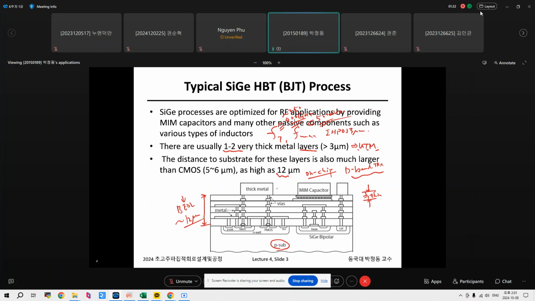We typically keep this less than 5 to 6 micrometer for CMOS, which means if you implement an on-chip antenna in CMOS process, the performance, especially the radiation efficiency, is not that good. Okay.